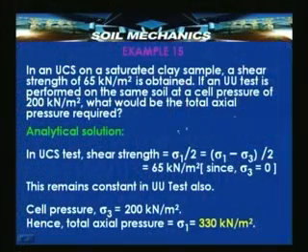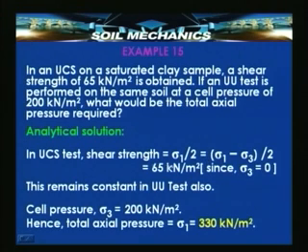The next example, example 15, gives you the shear strength of a saturated clay sample from an unconfined compressive strength test. Since an unconfined compressive strength test is very similar to the UU test except that the sigma 3 value is 0, we can use this result to calculate the axial pressure required to cause failure if we know the sigma 3.